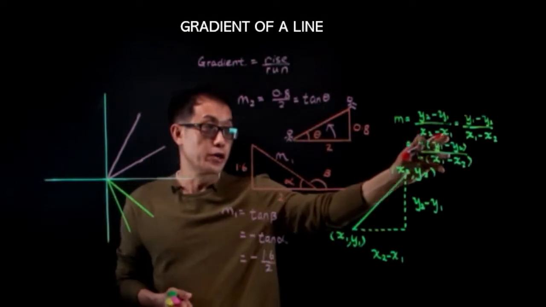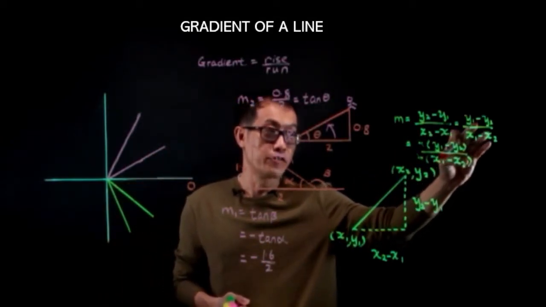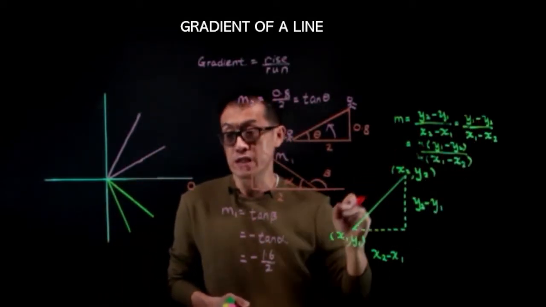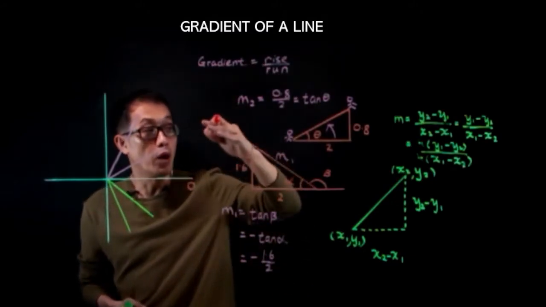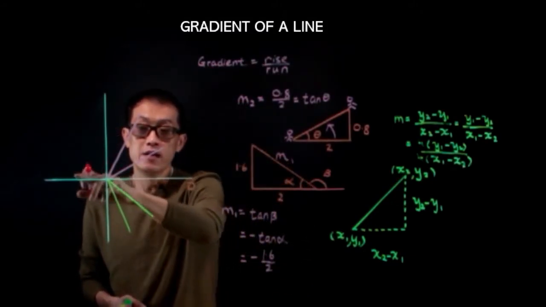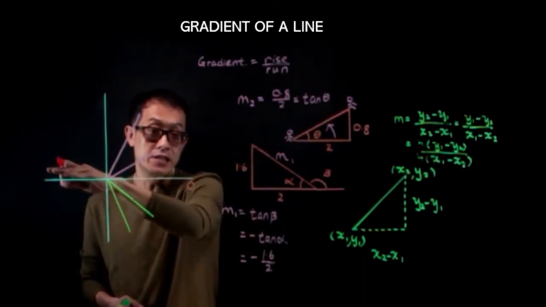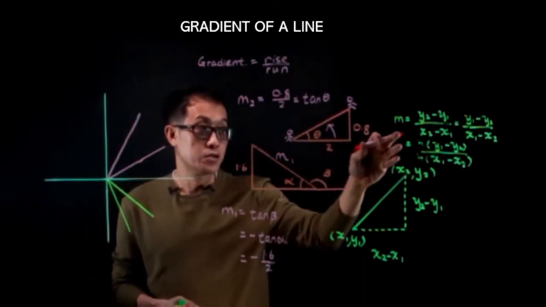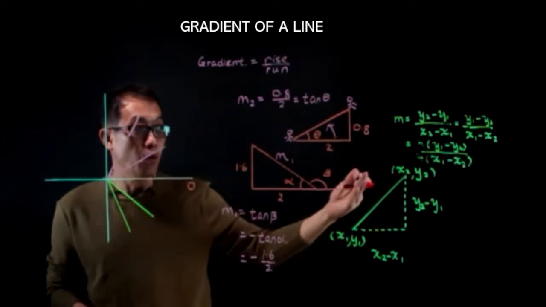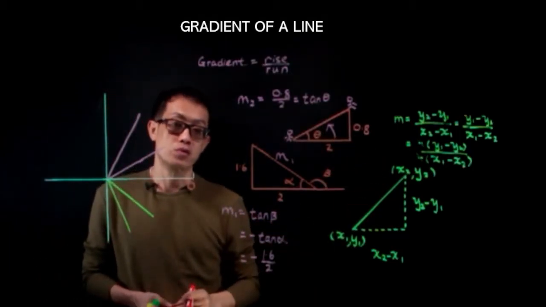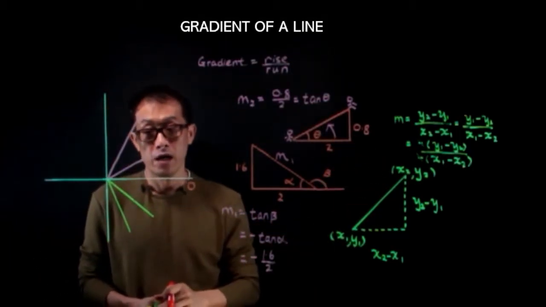You look at it, the gradient is the difference in y over the difference in x. The difference in y is the rise. It has the same y coordinate if it is a horizontal line. So it will be 0 over x1 minus x2. So that's why the gradient is 0.